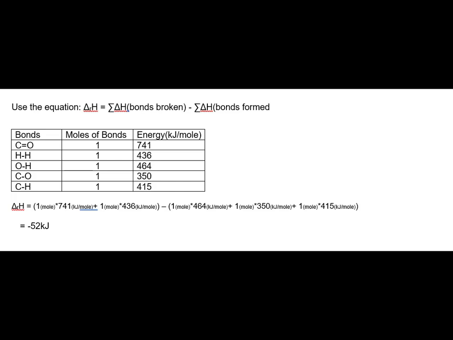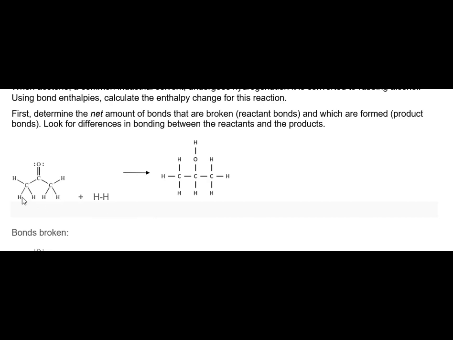Here's a table listing the bonds and the associated bond energies. The bond energies are in kilojoules per mole of bond. And if we look back at that equation, we see that there's 1 mole of acetone and 1 mole of hydrogen and 1 mole of product produced.